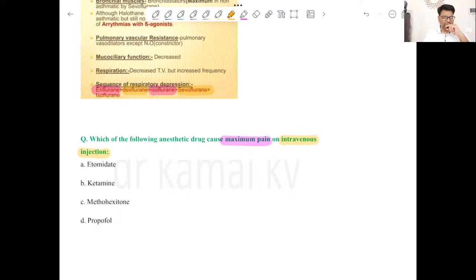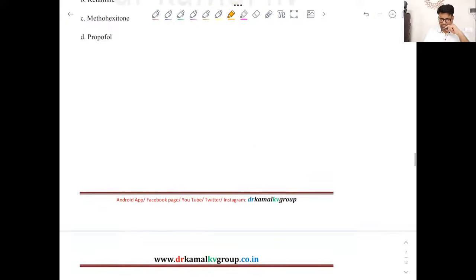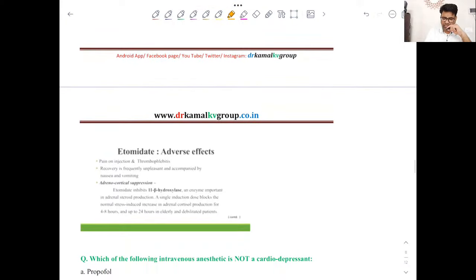Yes, it is being said that most of the IV anesthetic agents cause pain, but if you take the example of the agent which causes maximum pain, the answer has to be etomidate, right? So this causes maximum pain out of all the IV injectable agents.